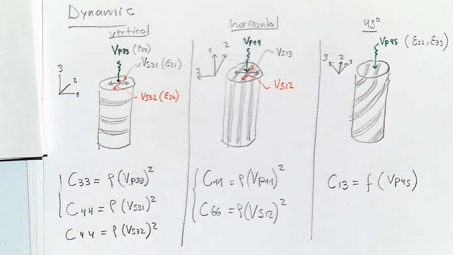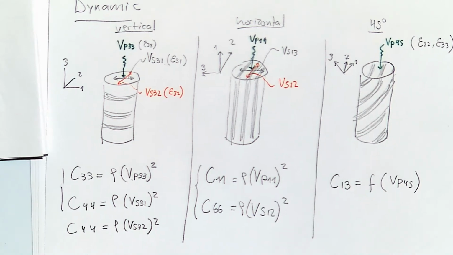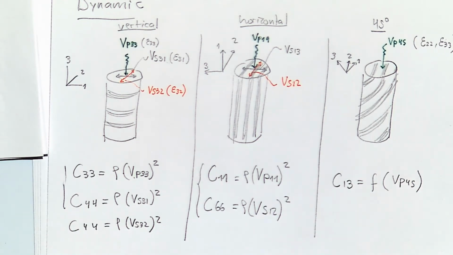It's a very long equation, so I don't want to write it, but I'll send you the paper where you can find it. But the idea is that now using these 3 samples, you can actually measure the 5 parameters of the stiffness matrix and characterize this TVI medium.